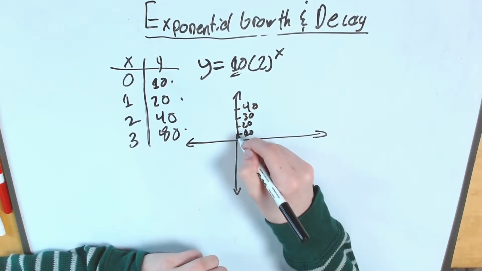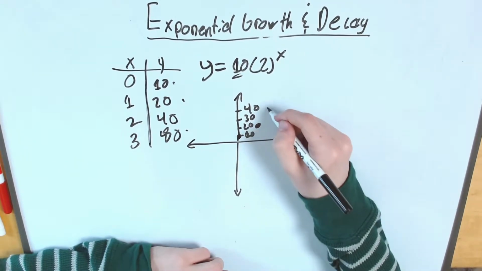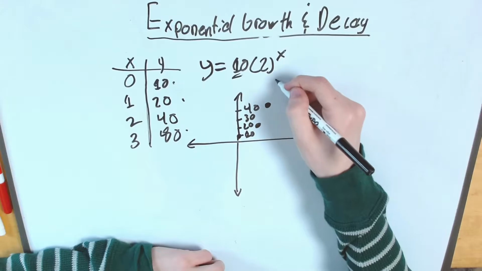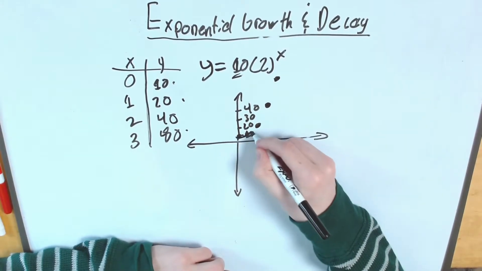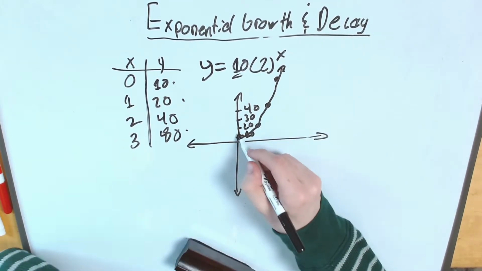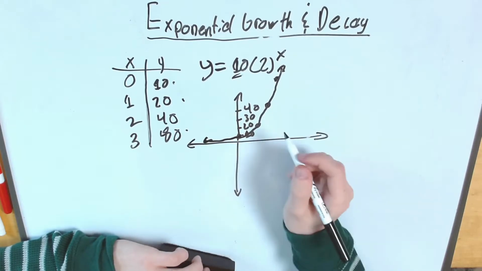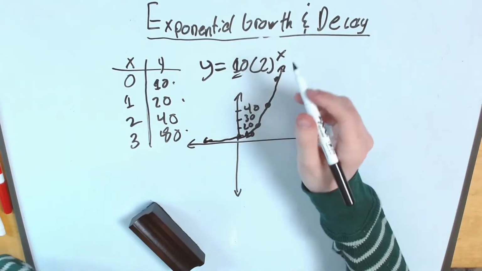Okay, so I start out at 10, then I go to 20, then I go to 40, then I go to 80, and so it looks pretty dramatically like an exponential curve. And of course, if I were to go back in time, I'd have less and less bacteria, but I wouldn't have 0, because it's impossible to get 0 out of this function.